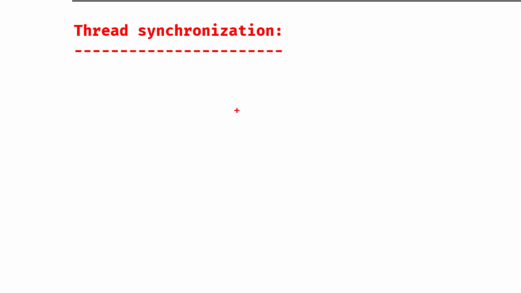Two threads can share the same resource, meaning two threads can use the same object. Yesterday we created one concurrent hash map object.